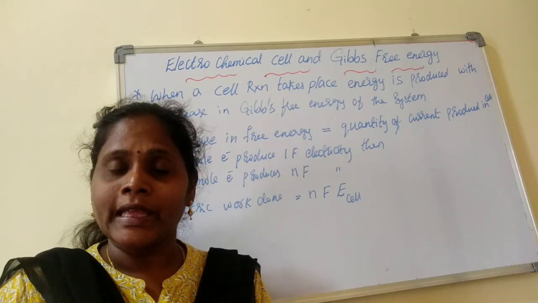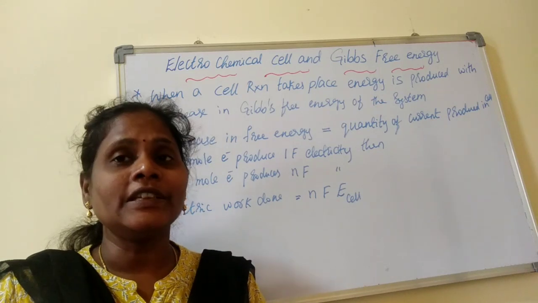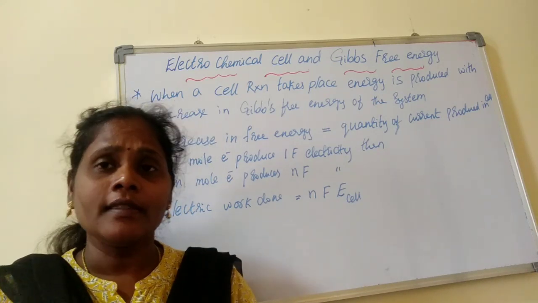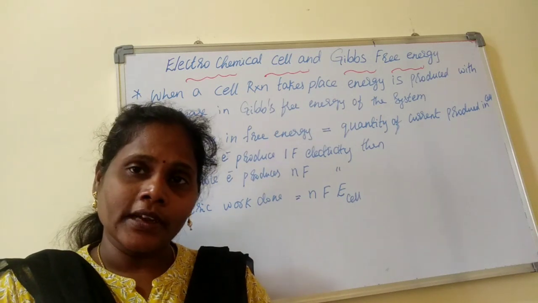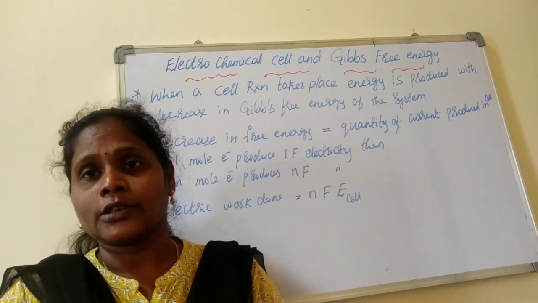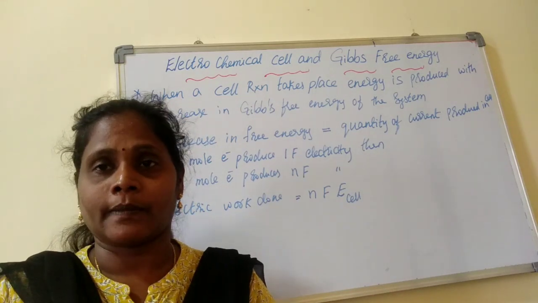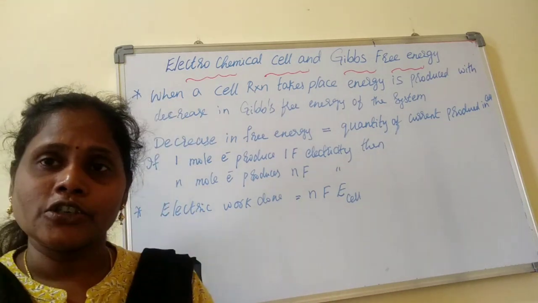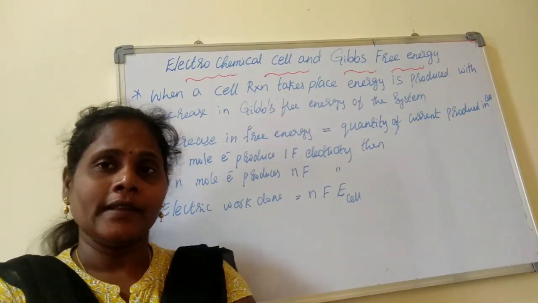Right? Entropy, enthalpy, Gibbs free energy you have learnt. So if Gibbs free energy is negative, then the reaction is said to be a spontaneous reaction. Right? So in every reaction, energy is released, actually we say that the minus symbol indicates the releasing. Okay. So what's the relation between this Gibbs free energy and our electrochemical cell?